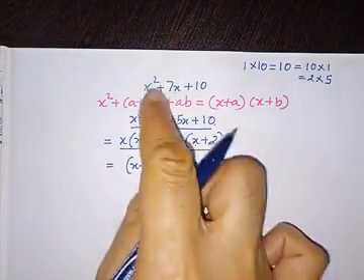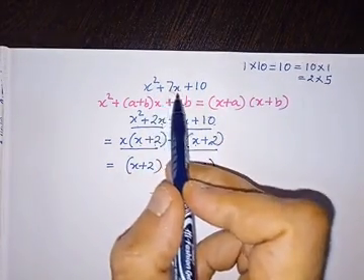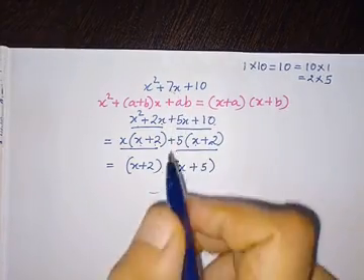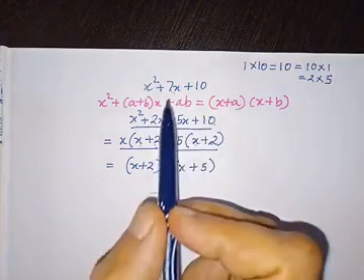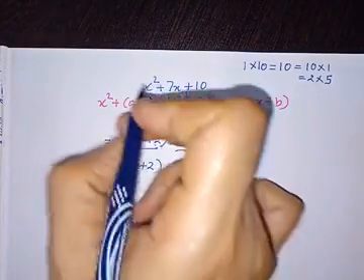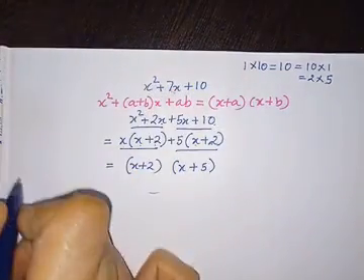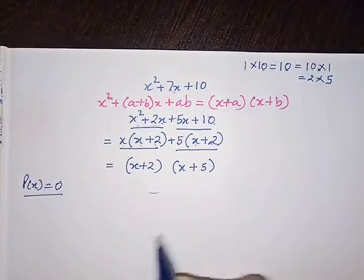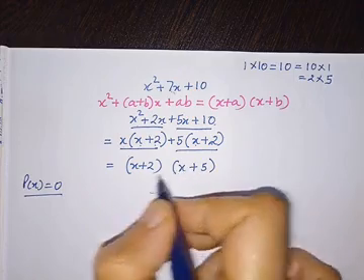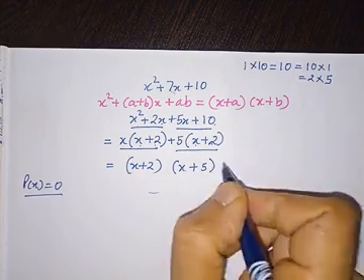Now we have to find the zeros of this polynomial. A zero is a value of x which on substituting it in the polynomial makes the polynomial equal to 0, that is, it makes p(x) equal to 0. So for that, what will the condition be? It means that the product of these two will be 0.